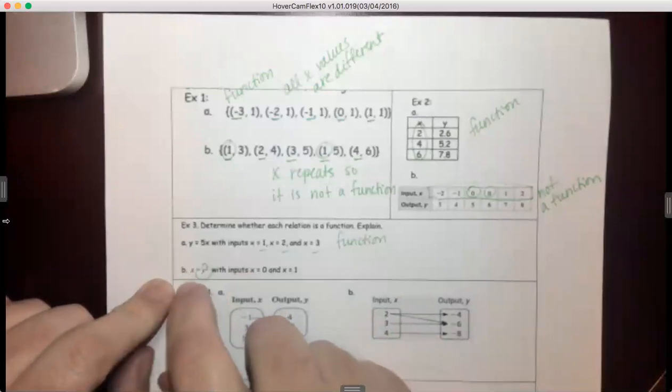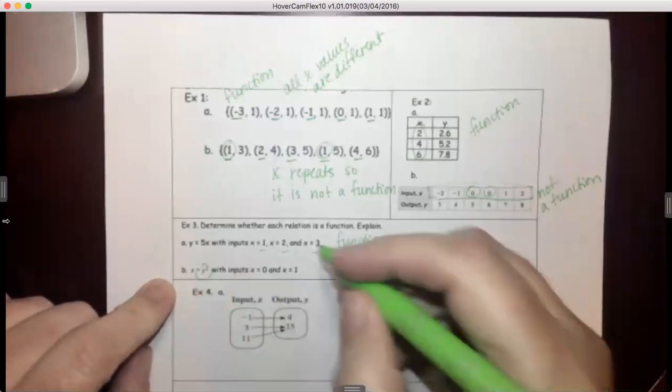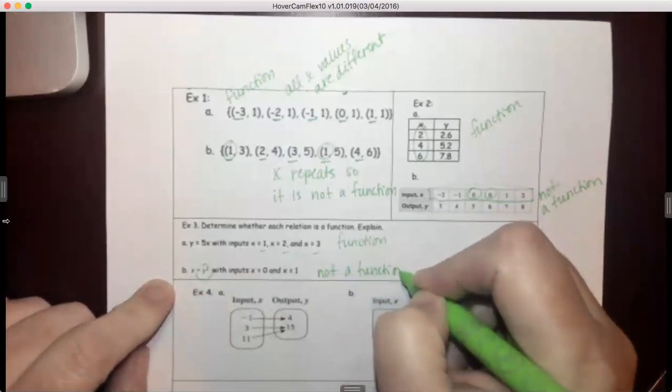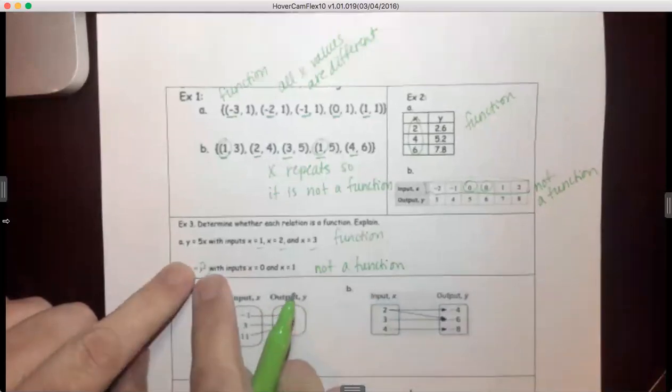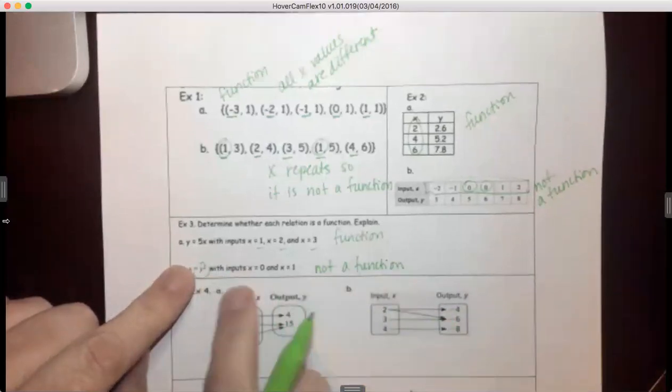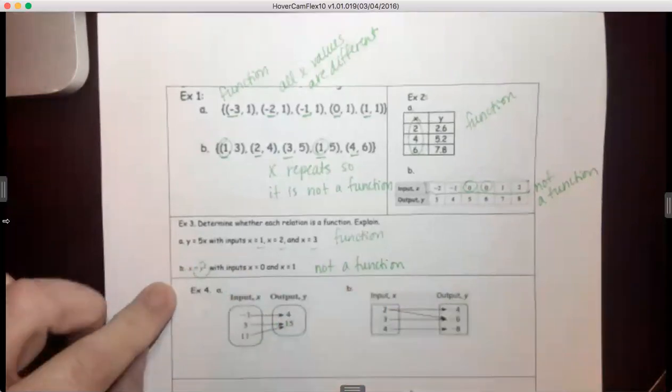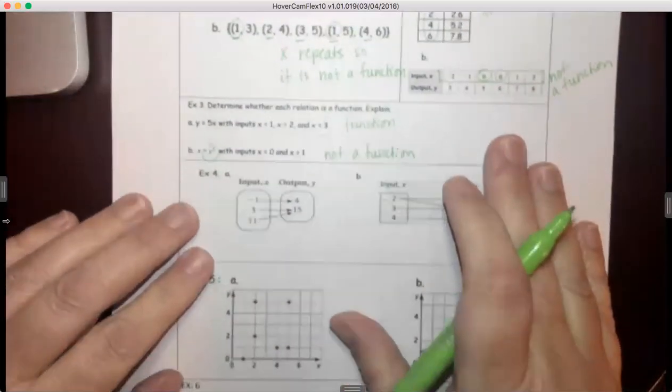I mean, we could get 2 of the same x's. So we normally say not a function here. You have to be careful. It's not always that way, but it's so much that way that we will just say no y squareds.